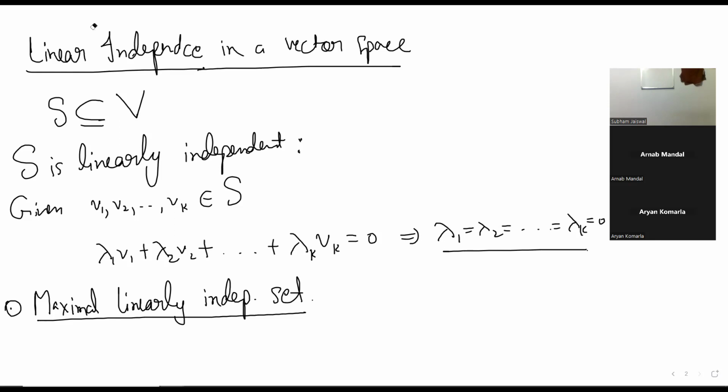So now, especially from the perspective Aryan said, maybe you can use that: why is a maximal linearly independent set interesting? Think about that. Why do you define this term, maximal linearly independent set?